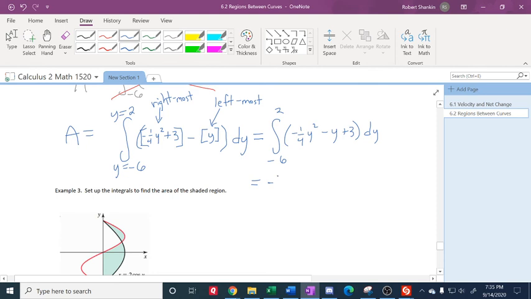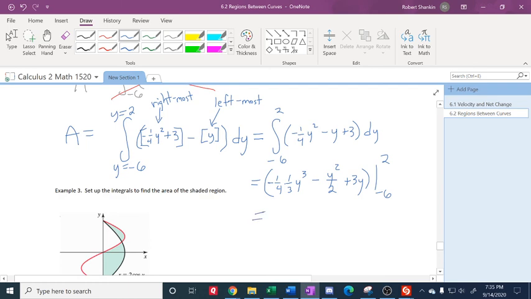So the -1/4 comes along. Antiderivative of y squared is y cubed over 3. And then the antiderivative of y is y squared over 2. Antiderivative of 3 is 3y. From -6 to 2.